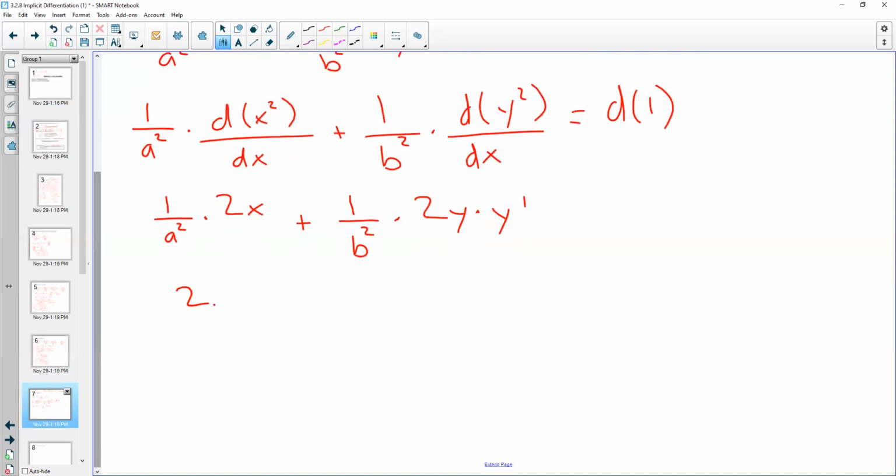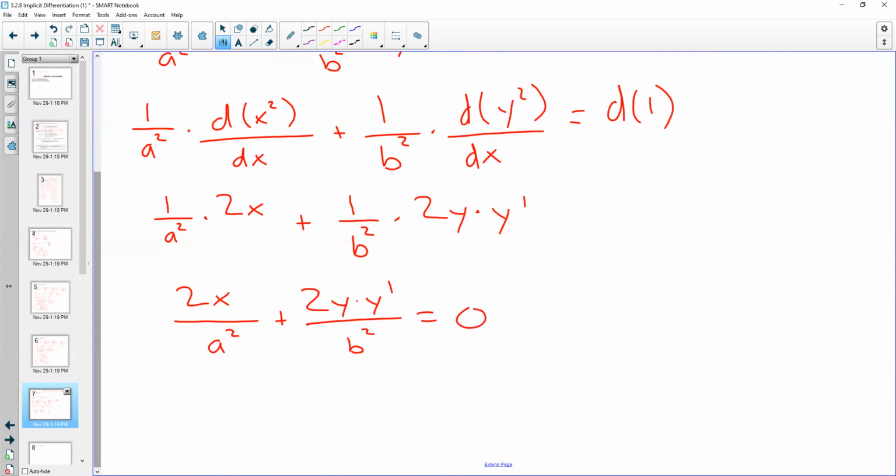Now that we've differentiated them, we can put them back into the fractional form so it's easier for us to work with. So that'll become 2x over a squared plus 2y y prime over b squared is equal to 0.